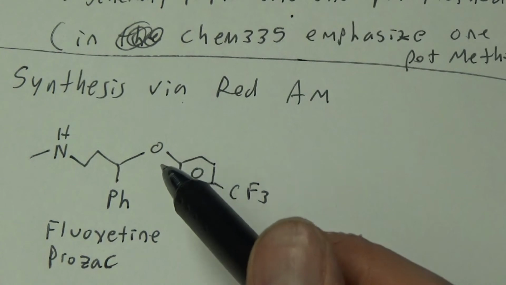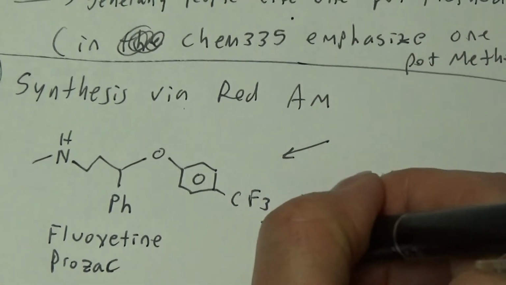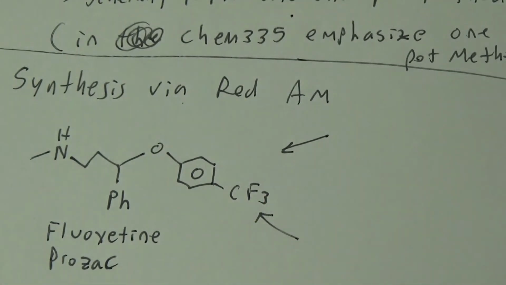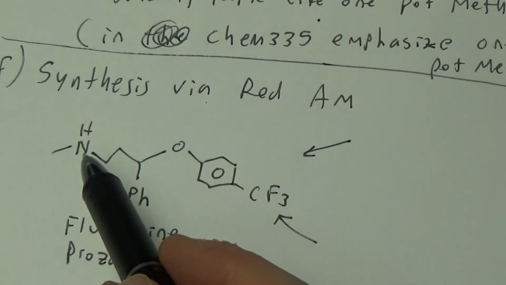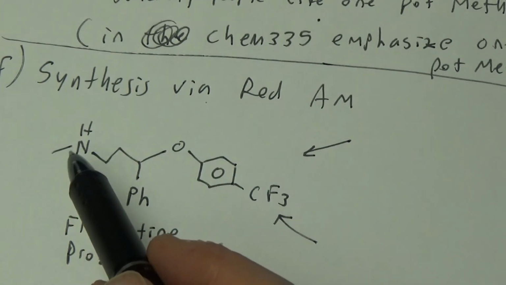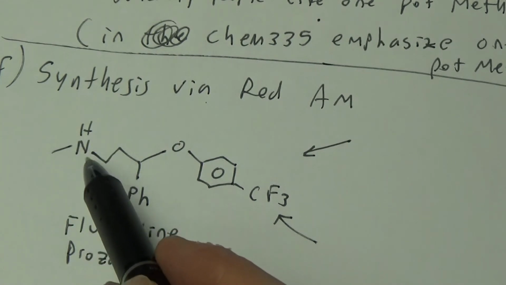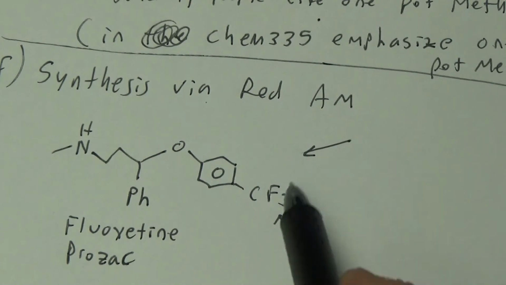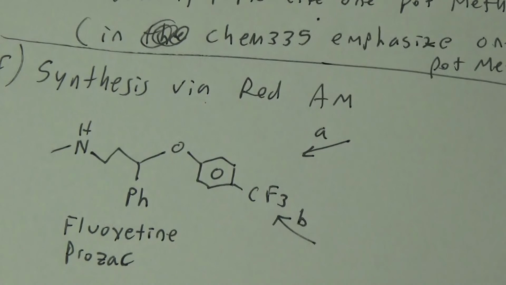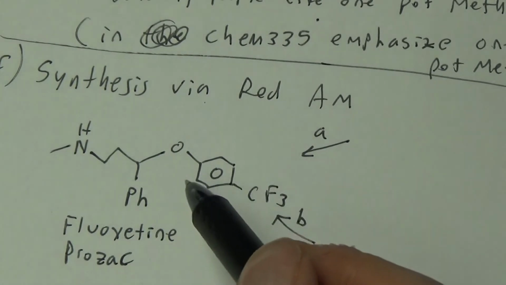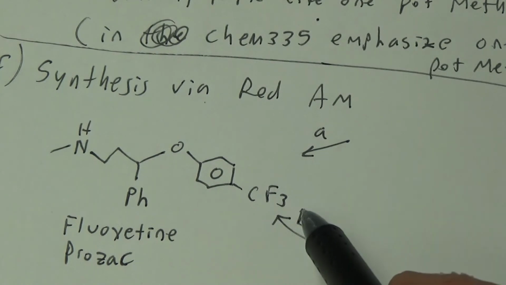There are two ways you can do this, because reductive amination makes an amine from an imine or iminium. So I can envision the imine's either going to be there or right there. So we have two different approaches, A and B. Going backwards, this is a retrosynthesis.